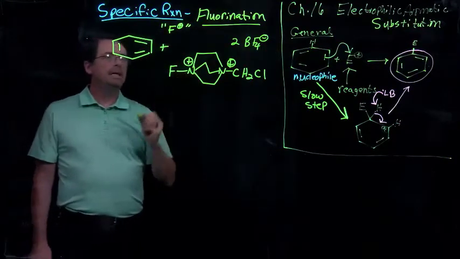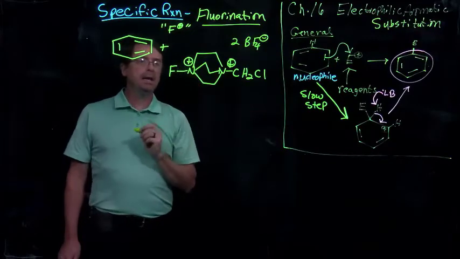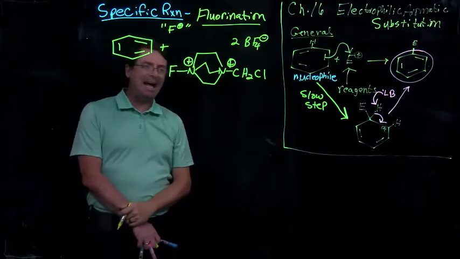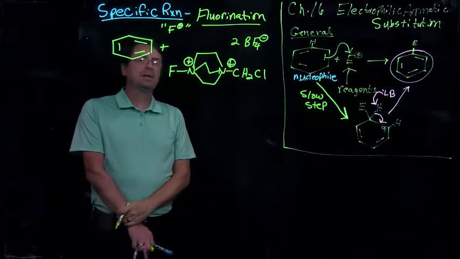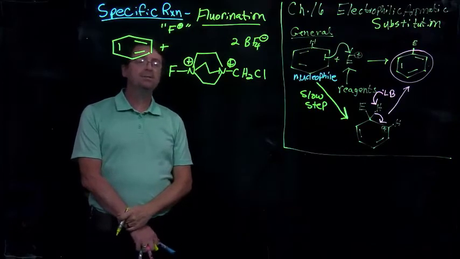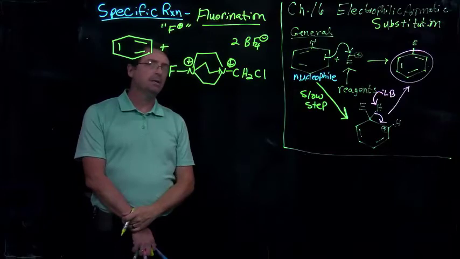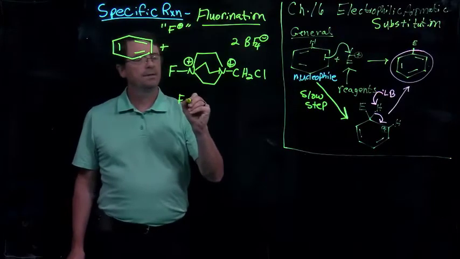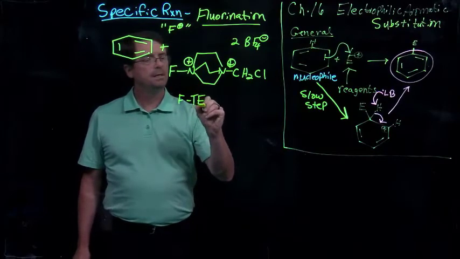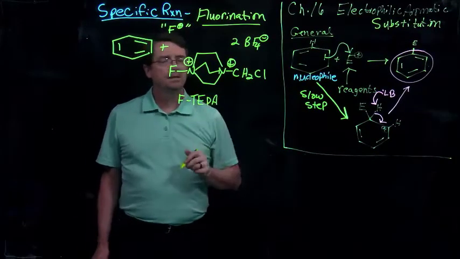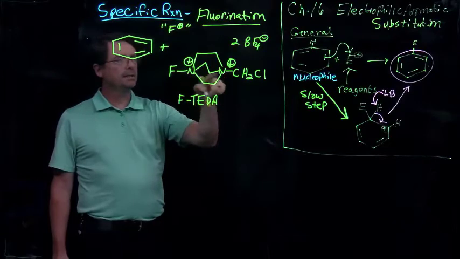This fluoroamine, which is an ammonium cation, it's in fact a dication, so this is a very high energy species, is capable of delivering a fluorine cation equivalent. FTEDA, that's for triethylene diamine.